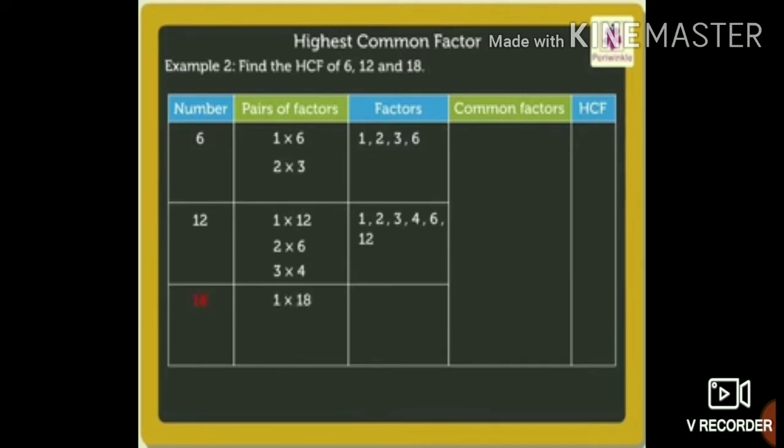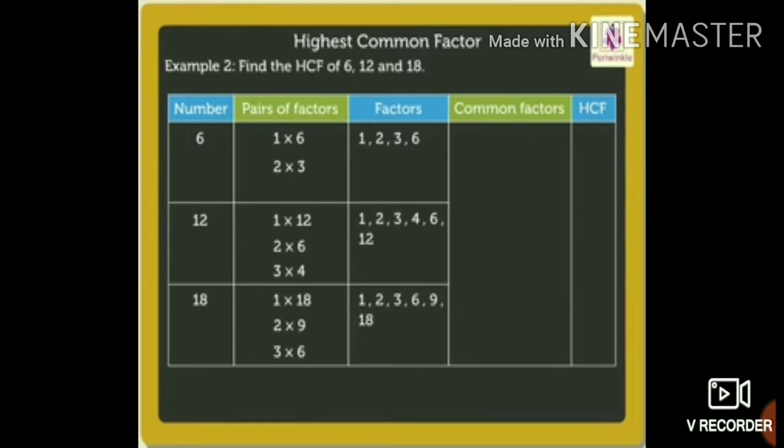This is a pair of factors: 1 into 18, 2 into 9, 3 into 6. So the factors of 18 are 1, 2, 3, 6, 9 and 18. These are all called factors, right?